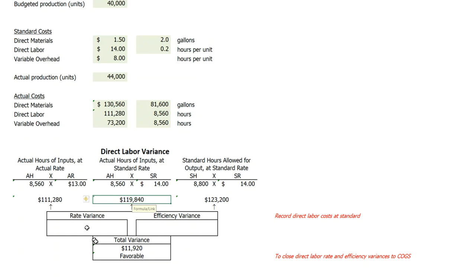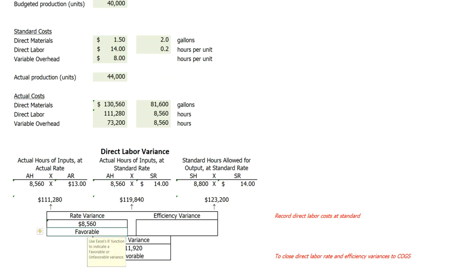Our rate variance then is the difference between the $119,840 and the $111,280, which is $8,560. We could have also calculated that by taking the difference in the labor rate, 14 minus 13 is $1 an hour, times the actual hours worked.